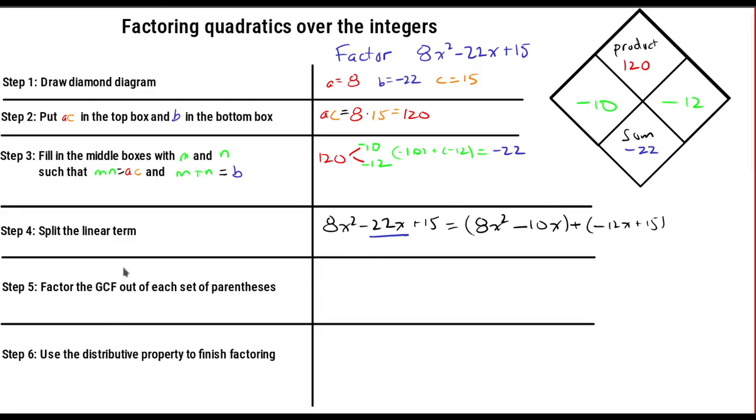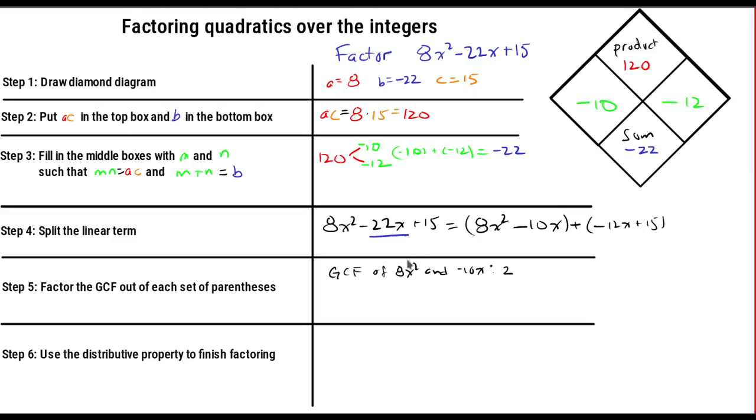Now we're going to factor the greatest common factor out of each set of parentheses. So the GCF of 8x squared and negative 10x: the greatest common factor of 8 and negative 10 is going to be a 2.